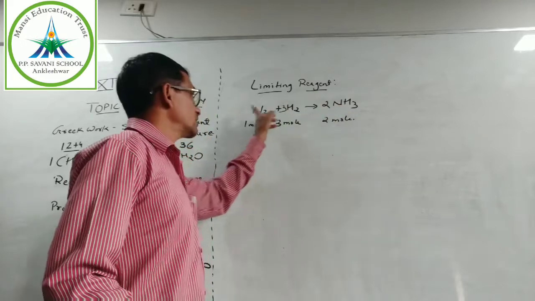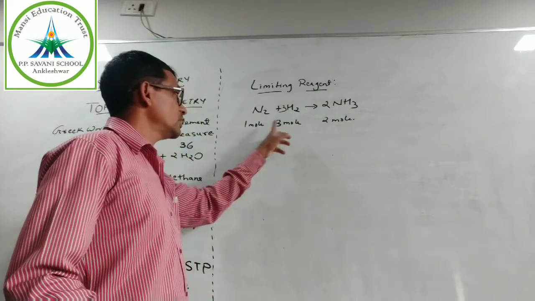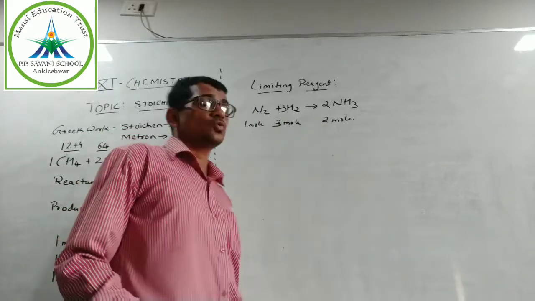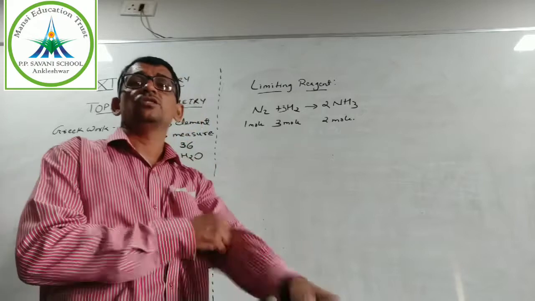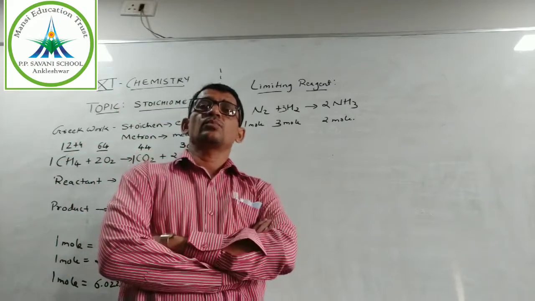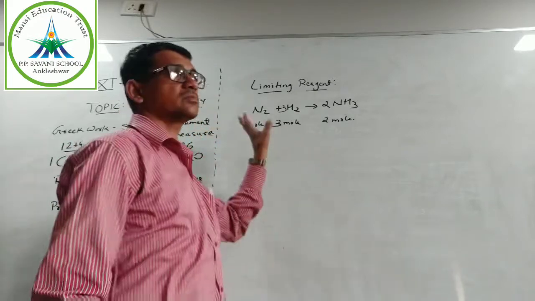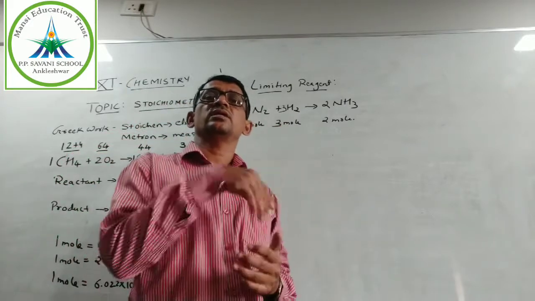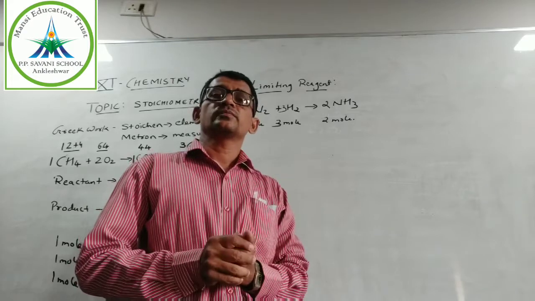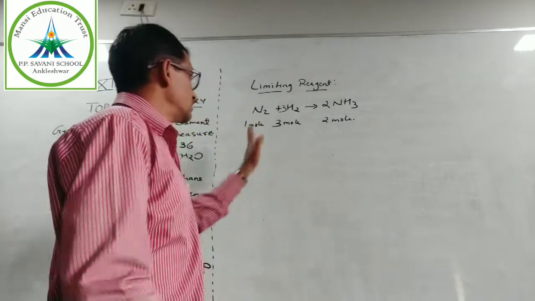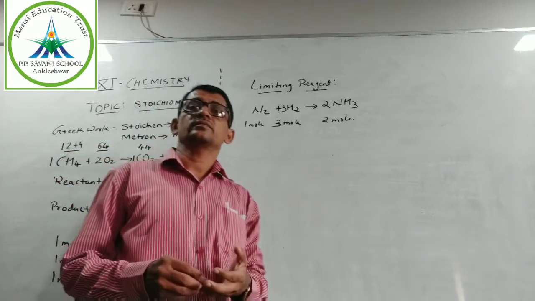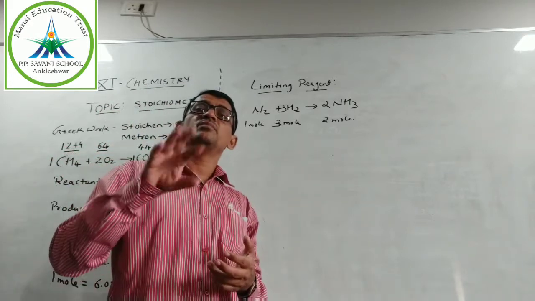If you balance the reaction, 1 mole of nitrogen reacts with 3 mole of hydrogen to give 2 mole of ammonia. This process is known as Haber process and pressure is required. Reactants are in gaseous form, so if you apply pressure and catalyst, then it is converted into product. Limiting reagent means the lesser amount of reagent which limits the product.